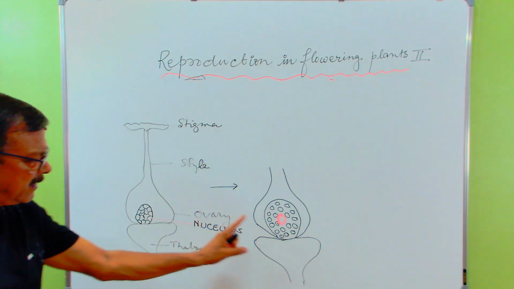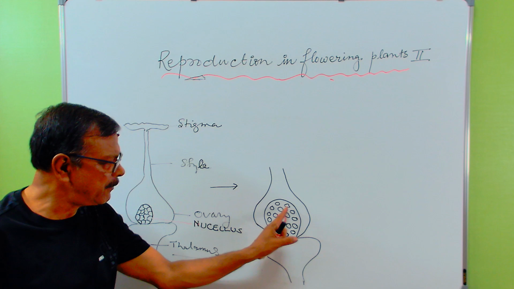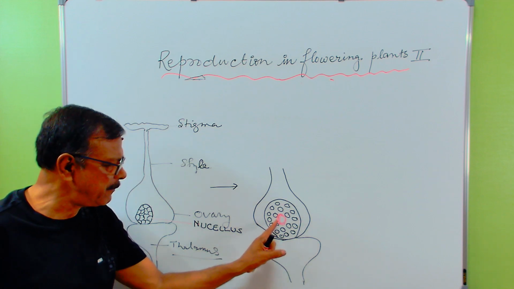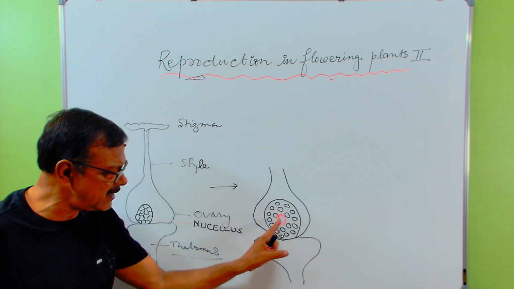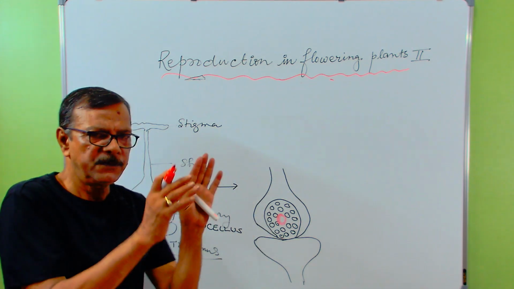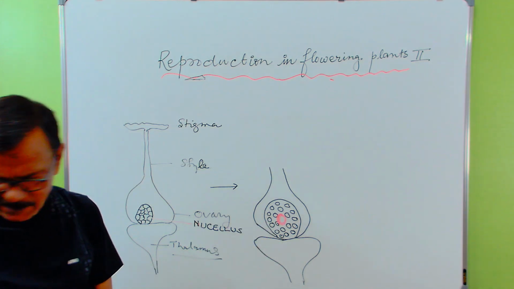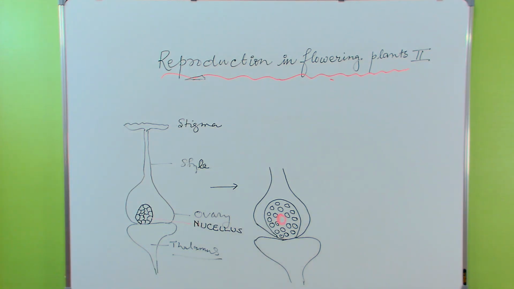In the next phase, a hypodermal cell of the nucellus gets enlarged and bigger with prominent cytoplasm and distinct nucleus. This is known as the archesporial cell, which is the megaspore mother cell, which I am coming to.